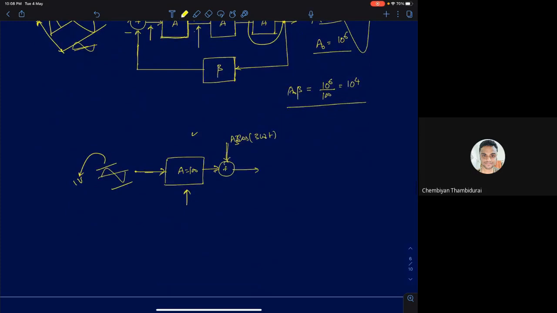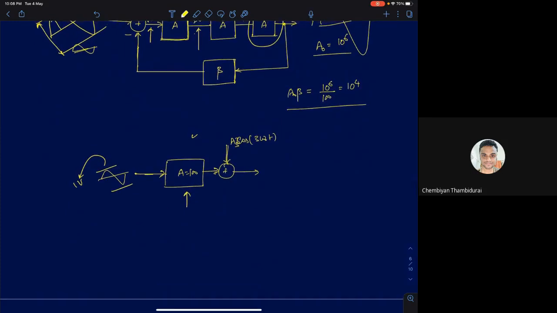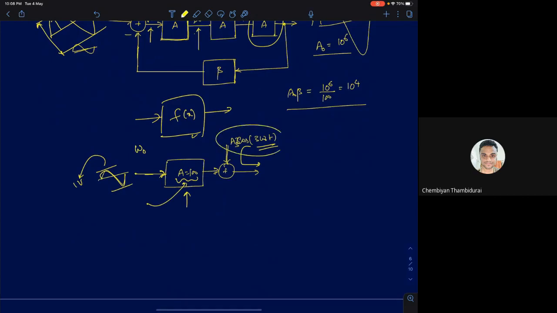Now, because it's a nonlinear amplifier, I'm feeding a sine wave of frequency omega naught. At the output, I'm getting a different signal with frequency 3 omega naught. So I'm going to model this nonlinear amplifier with characteristics f of x as an amplifier with a linear gain of 100, and an additive noise whose amplitude is given by A3.